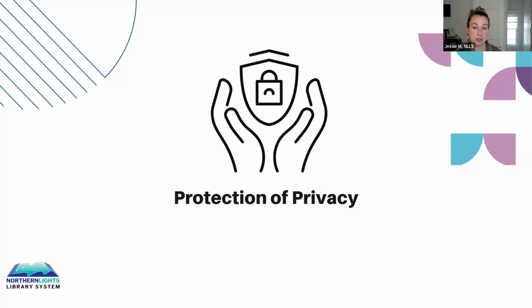So a practical example of this: for collection and use, the library uses member contact information to send reminders about due dates, notifications about reserved books, and information on library events, and then the library ensures that the contact information is up to date and accurate.